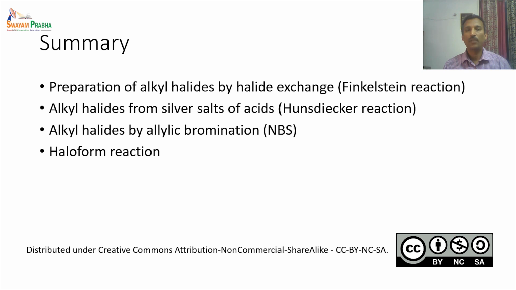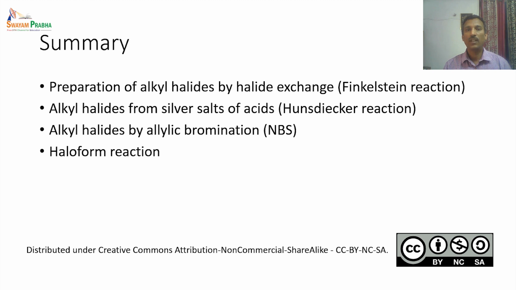We also studied allylic bromination using N-bromosuccinimide. Instead of adding across the double bond, the halogen is added at the allylic position. This also proceeds by a radical mechanism. Even the Hunsdiecker reaction proceeds by a radical mechanism.